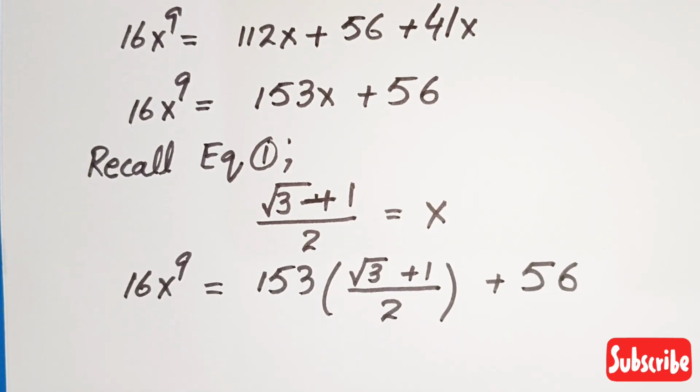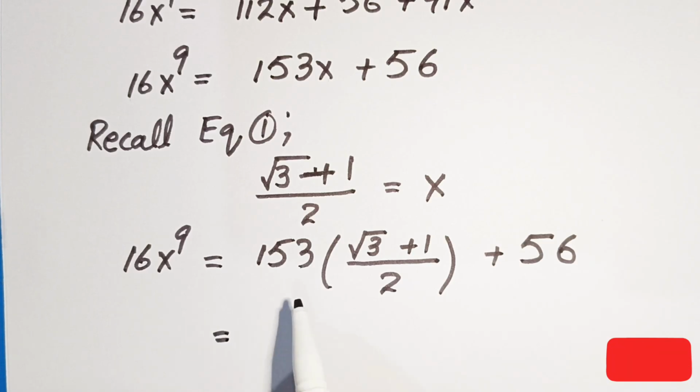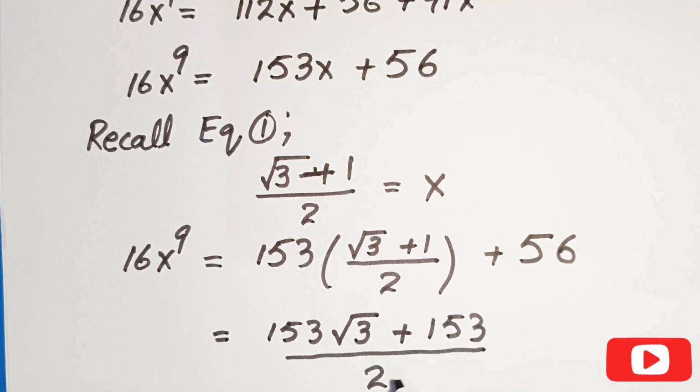Now on the right hand side, if we multiply 153 with square root of 3, we will get 153 square root of 3, plus 153 multiplied by 1 is 153, all over 2, plus 56.